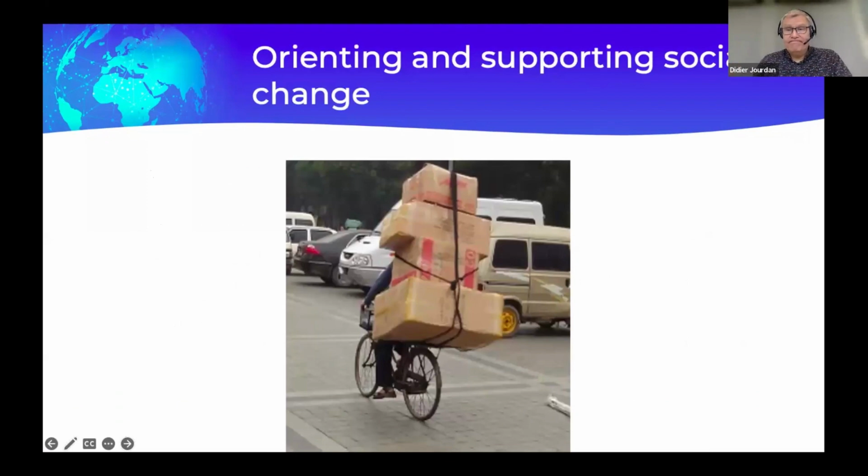Of course, one of the key difficulties is that teachers, just like this gentleman, are overwhelmed by the different tasks and the pressure. So if we want to add one more box on this bicycle, the gentleman is going to fall. We cannot do that.